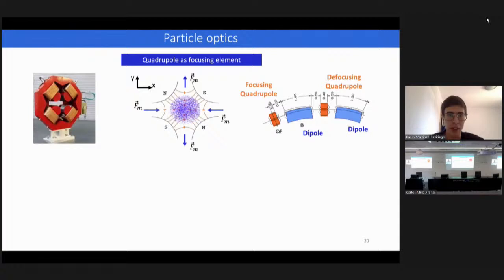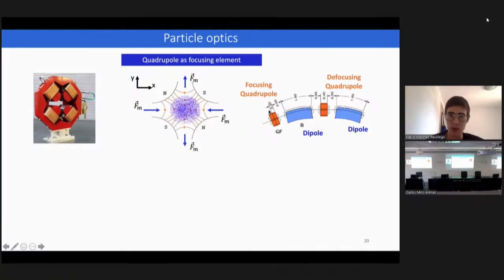So how do we face this problem? We face it with quadrupoles, which are the focusing element in particle accelerators. A quadrupole is just a magnet with 4 poles, as you can see in this picture over here. And this kind of magnet produces a focusing force in one axis, but unfortunately a defocusing force in the opposite axis.